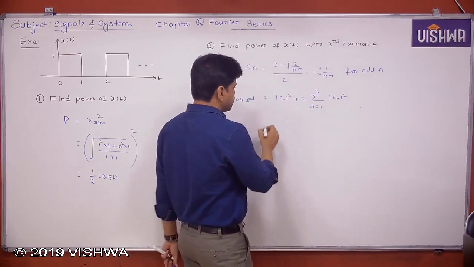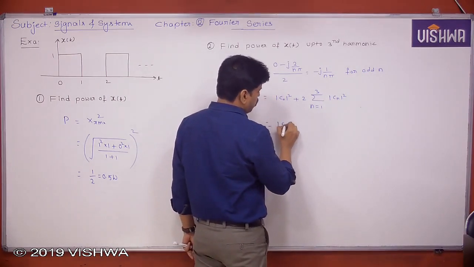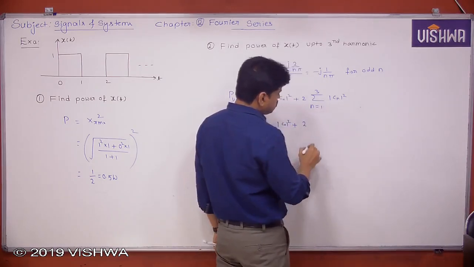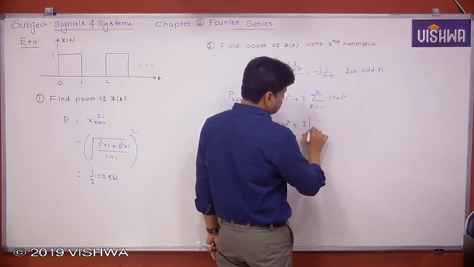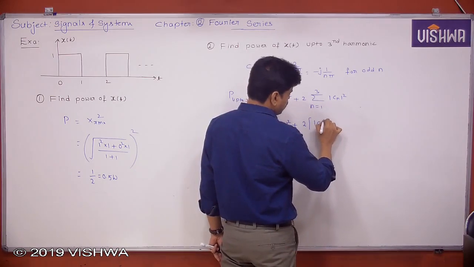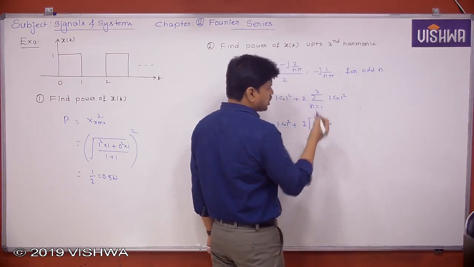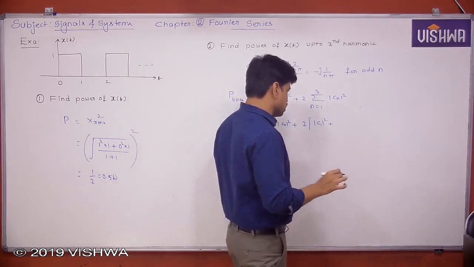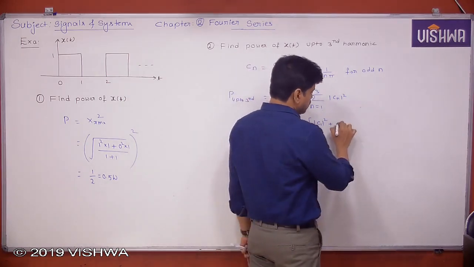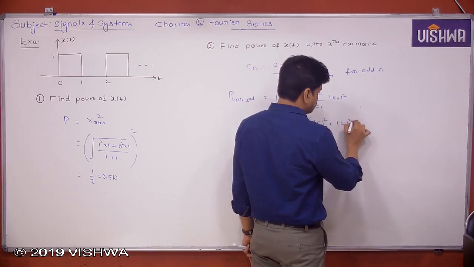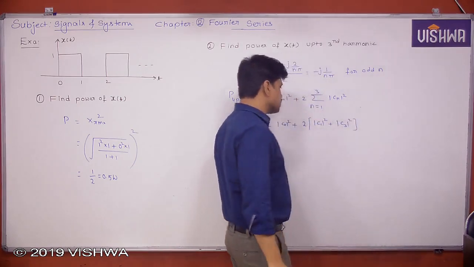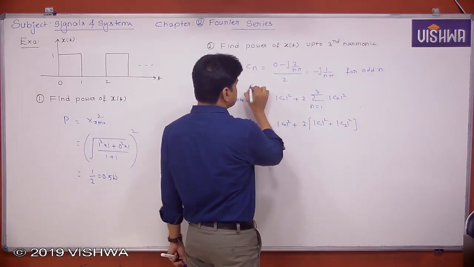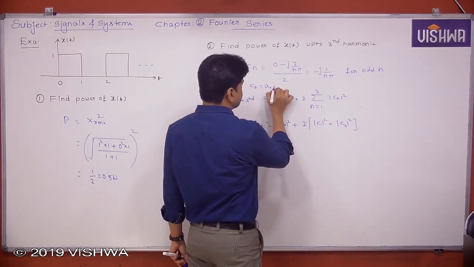Now we can expand this formula again. Mod C naught square plus 2 into, if n is equal to 1, mod C1 square. If n is equal to 2, that value is 0 because it exists only for odd values of n. C2 is equal to 0. Then we go to C3 whole square. So this is the formula we got. Now what is the C0 value? C0 is equal to A0, which is equal to 1 by 2.